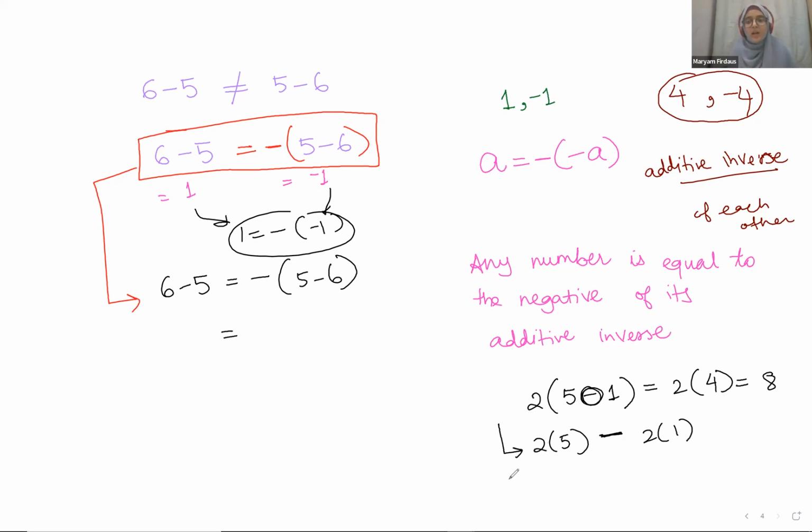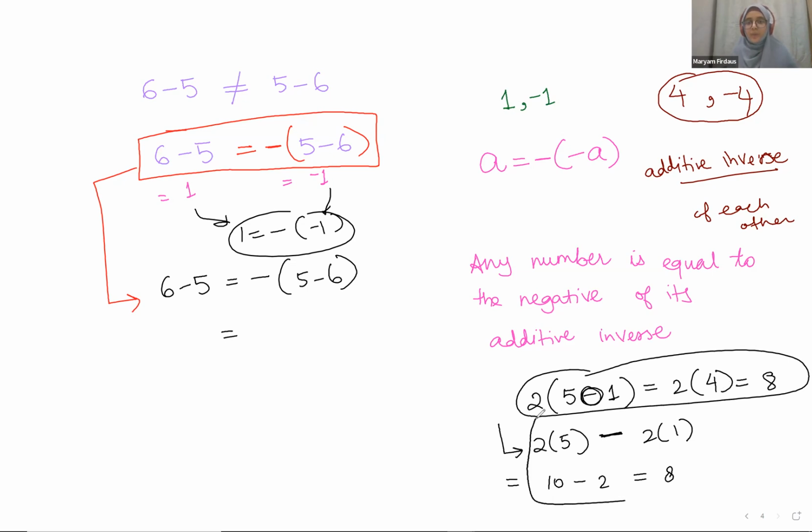So what does this become? 10 minus 2. What is 2 multiplied by 1? 2. And what is 10 minus 2? 8. So whether you do it in this way or by opening the brackets, the answer is the same, right? Yeah, because that means they're both equal. So that is the distributive property.